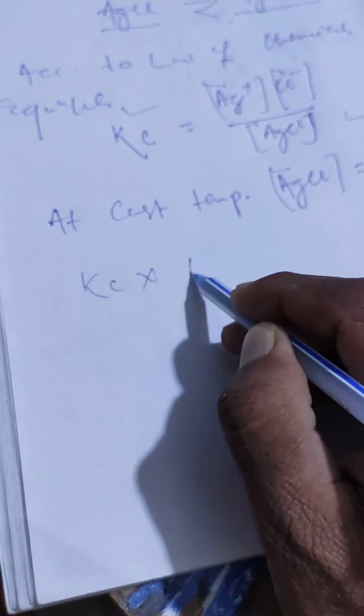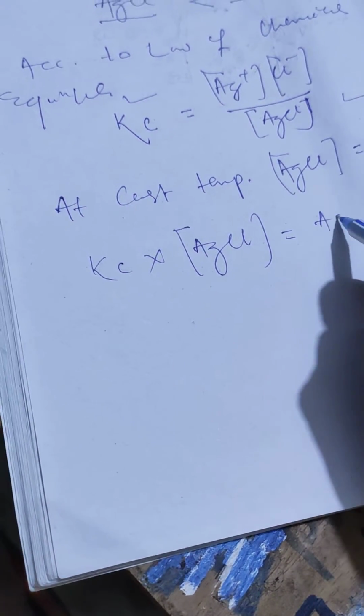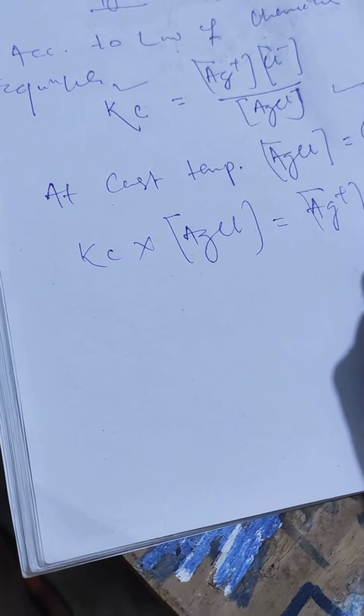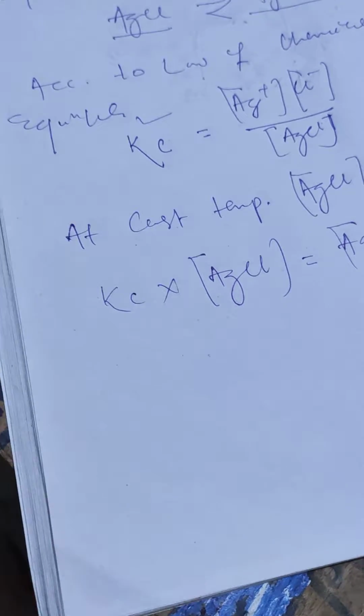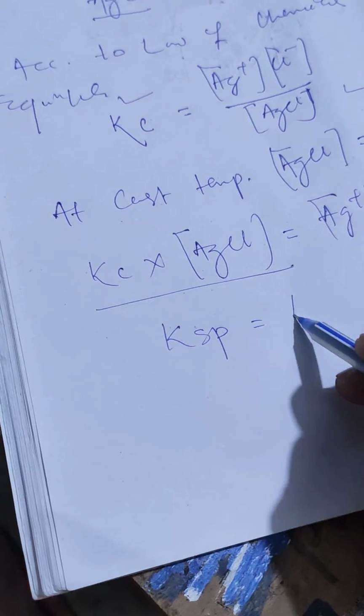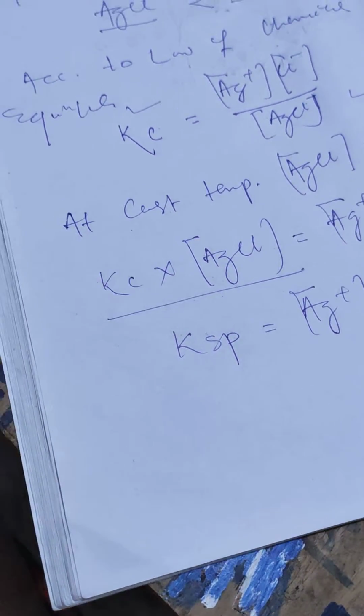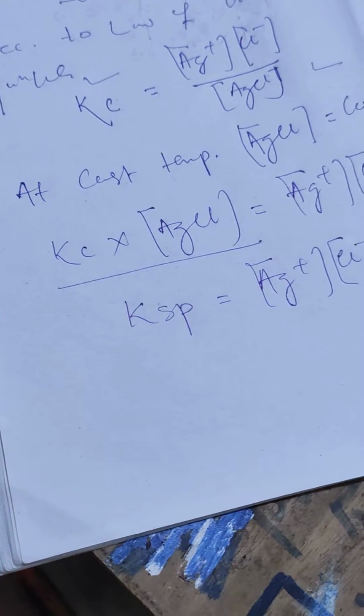If we multiply the two constants, that becomes a new constant, and that is equal to Ag plus concentration into Cl minus concentration. This new constant is called the Ksp. Ksp is equal to the Ag plus concentration into Cl minus concentration. Clear?